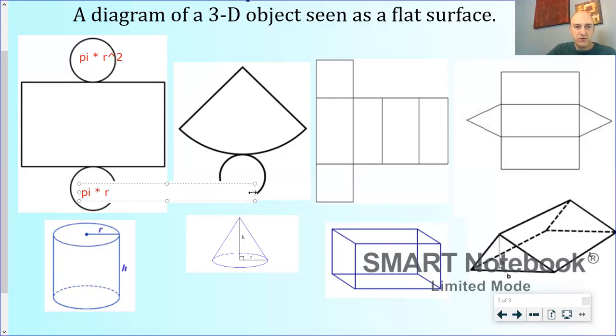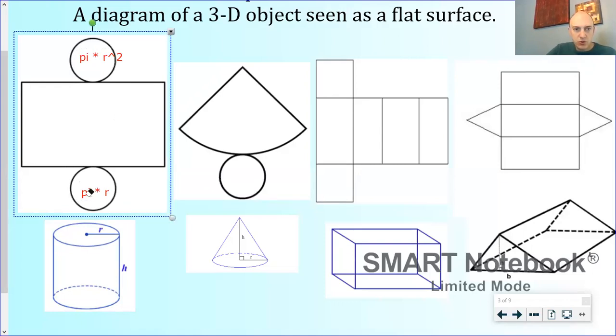Actually, I do have a better way of doing that, and that's just to draw it out manually, probably. I'll get slicker at doing these probably as time goes on. So pi r squared. This is also pi r squared.